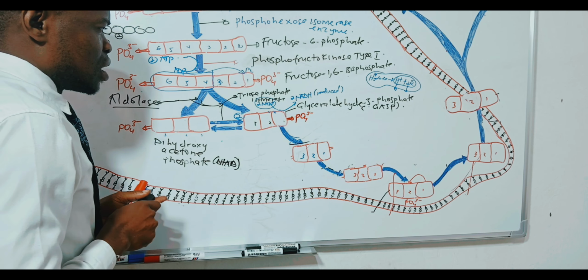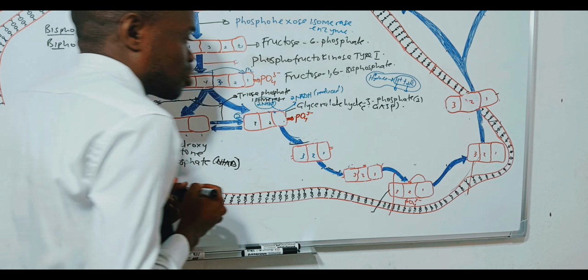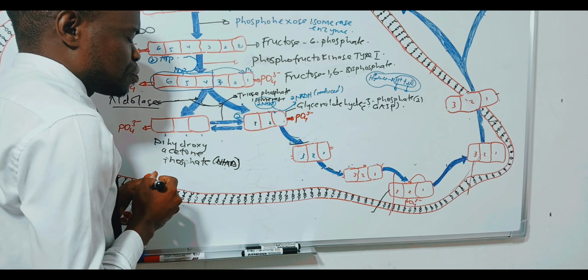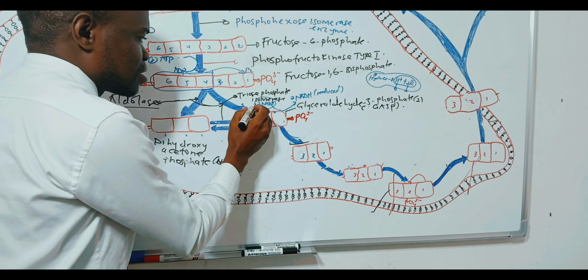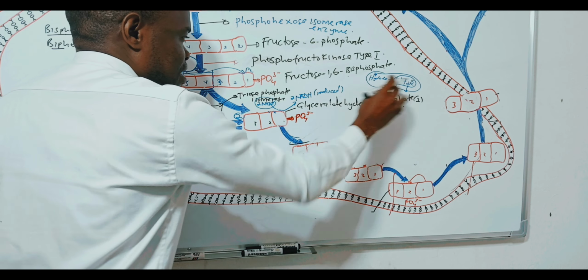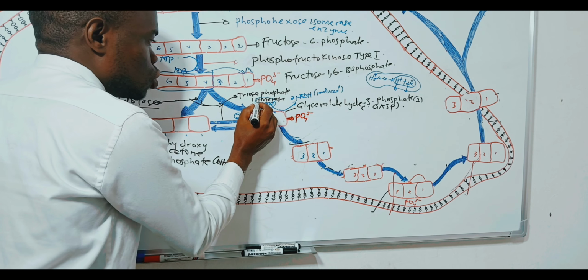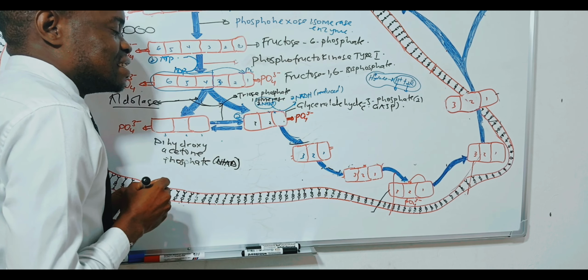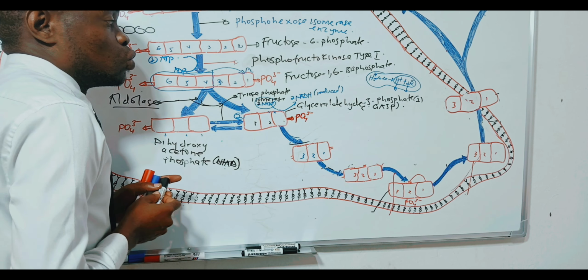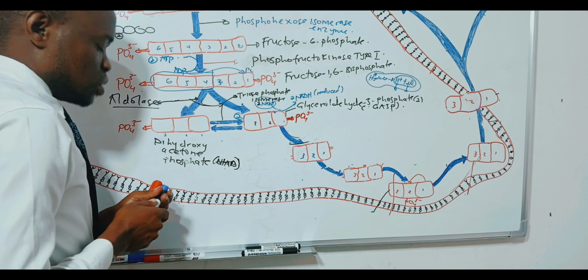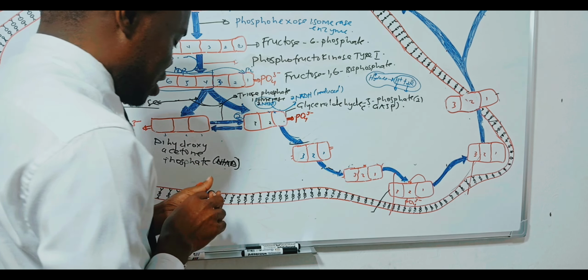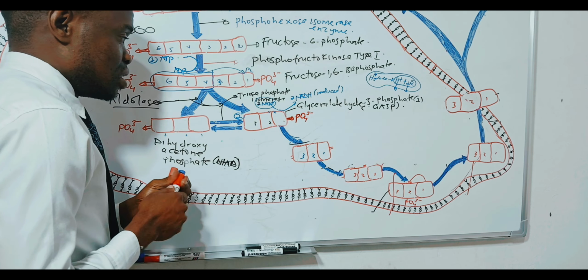Since this has been converted into another form of GA3P, we are going to have 2 GA3P, the 2 glyceraldehyde 3-phosphate, meaning these are 2 of them. You get the point. So since there are 2 of them, we shall have 2 NAD plus, and also 2 NADH.